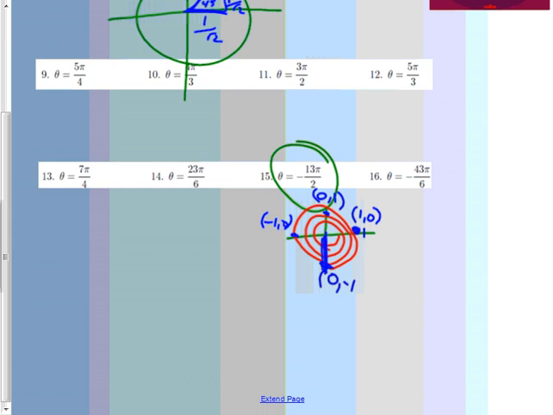Why do I care? Because it's sine y. What's the sine of 270, or the sine of negative 13 pi over 2? Sine's the y of it. Negative 1. Sine y. What's the cosine of negative 13 pi over 2?